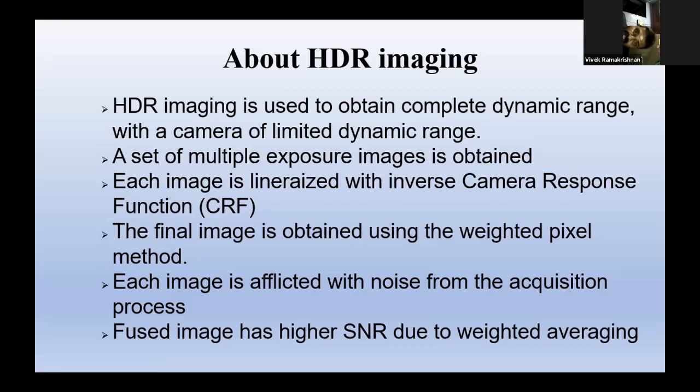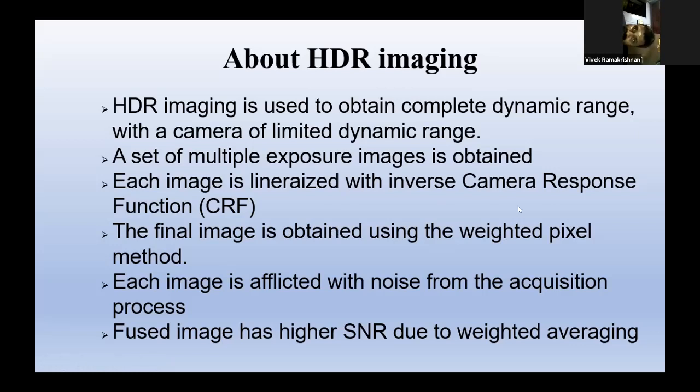Then basically each image is linearized with the inverse camera response function, right? Every such camera has a lens, and it has some response function which maps the tone of the outside world into its pixel value. So there is an inverse camera response function wherein each image gets linearized, and finally the image is obtained using the weighted pixel method.